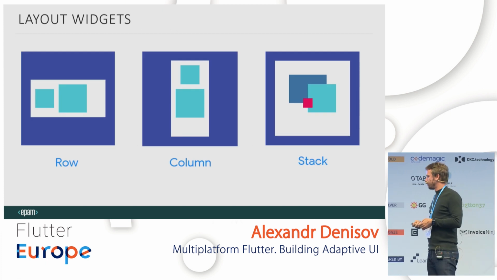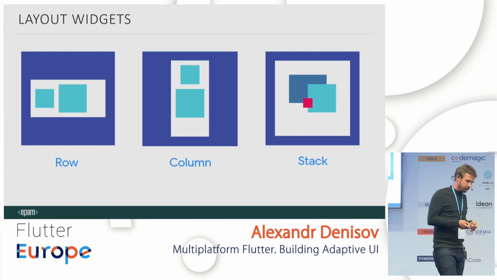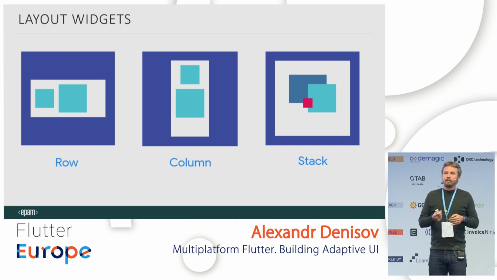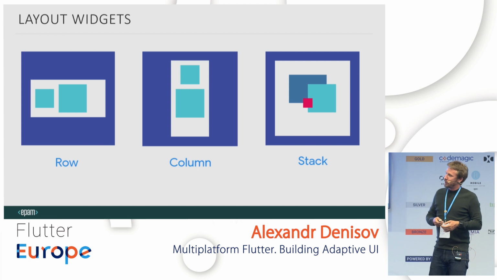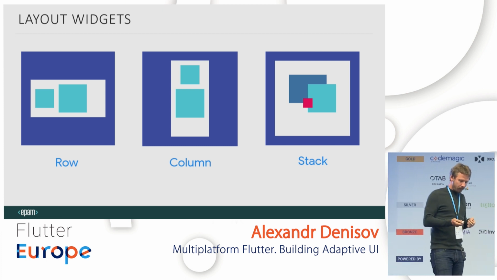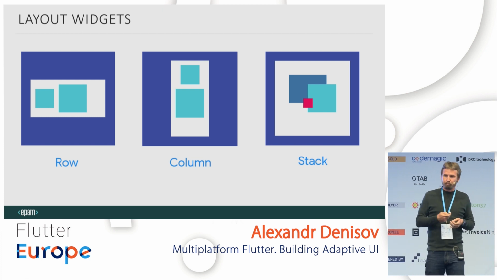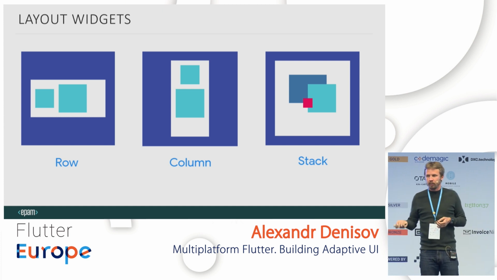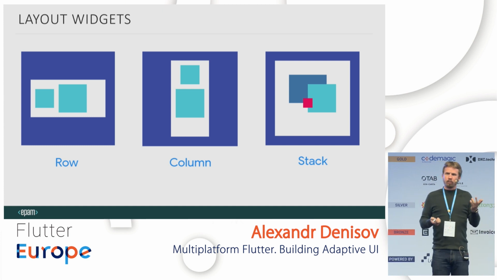And on the previous slide, I said a row with two widgets. What is a row? I know that you know, but again, just in case, in order to compose simple widgets to build complex widgets and to control the location of a widget on the screen, Flutter has layout builders: row, column, and stack.